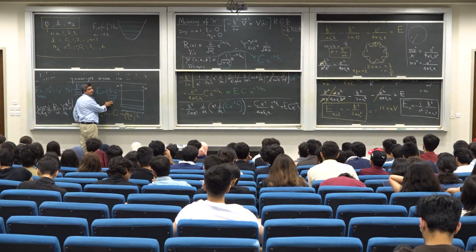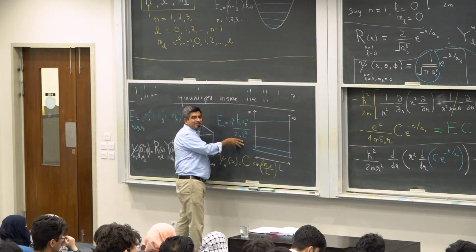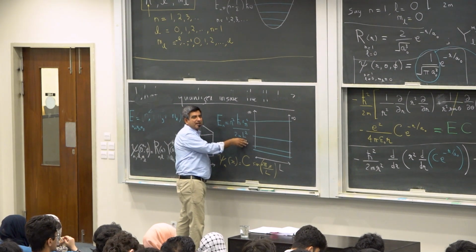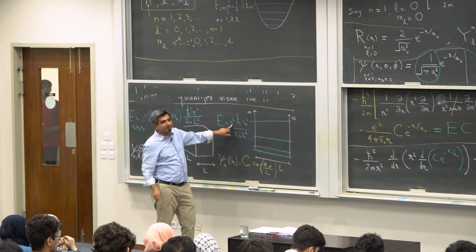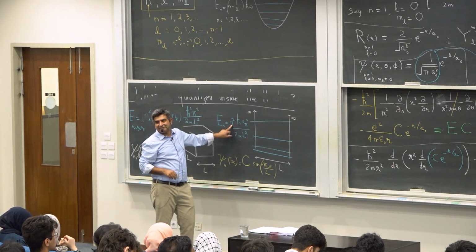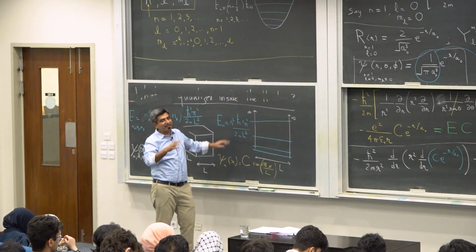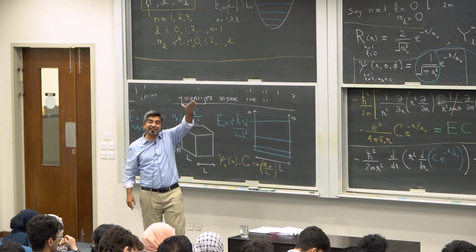Very similar. A 2m a naught squared in the denominator instead of a 2m L squared. Another big difference is that for an infinite well, n squared is in the numerator. For the hydrogen atom, n squared is in the denominator. But then notice the energy is negative as well.